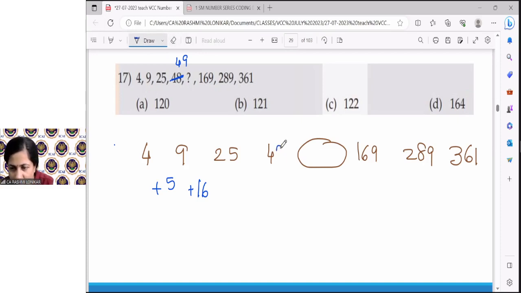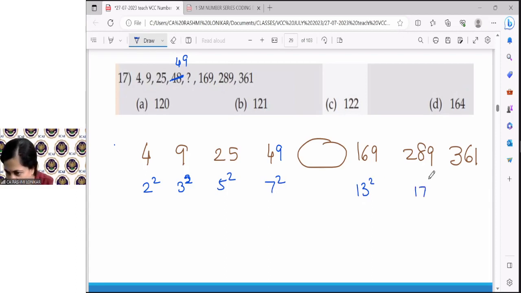So the moment you see this, you don't have to find the differences because you recognize what series this is. Yes, 2 square, 3 square, 5 square, 7 square, dash square, this is 13 square, this is 17 square, and it is 19 square.